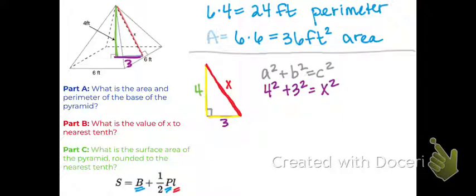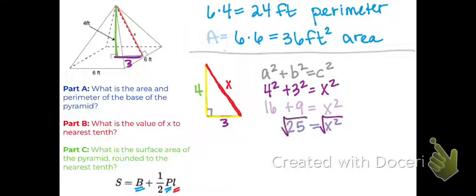So we're going to simplify the left side first. 4 squared is 16. 3 squared is 9. And then let's add these together on the left. We get 25. And then to undo the squaring, we take the square root.